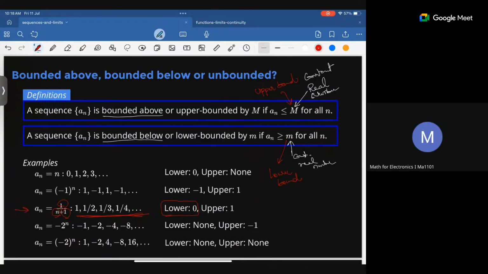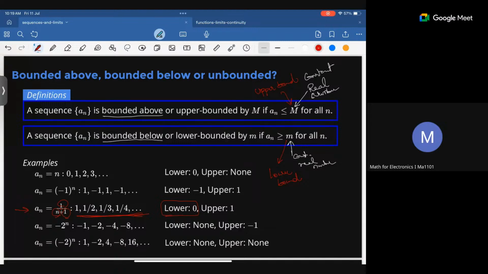Therefore, we can say that there exists a lower bound, and 0 is actually a lower bound for this particular sequence. And there also exists an upper bound for this sequence. None of my terms go above 1. The first term is equal to 1, but if you see the second term, third term, fourth term, and so on, none of your terms go above 1.